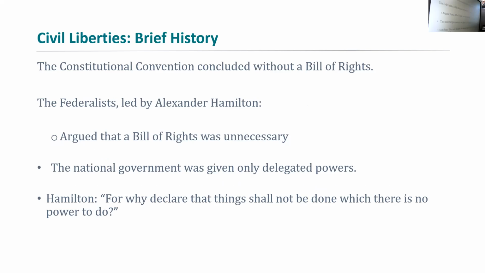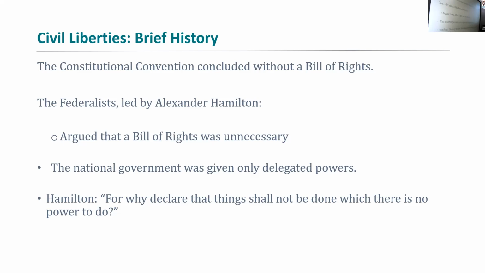Just so we know, brief little history lesson. Civil rights and civil liberties come from the Bill of Rights. It's a compromise in our constitutional system. Hamilton and Madison and other Federalists did not want a Bill of Rights. They actually thought that the Bill of Rights was wildly problematic in the United States.